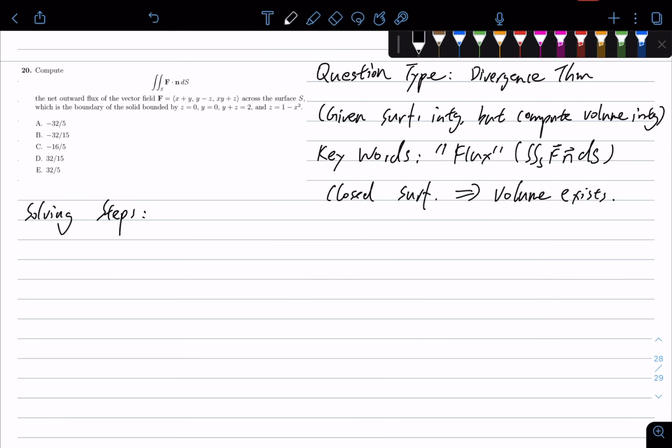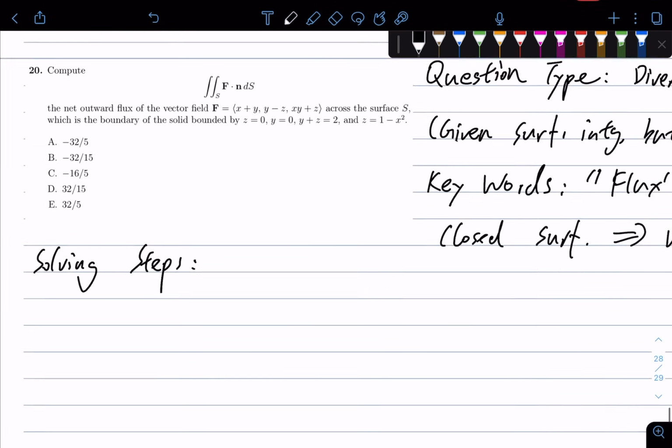Because the divergence theorem is a conversion between a double integral and a triple integral, right? And the double integral is the surface, and the triple integral is the volume. So if we have an open surface, the volume simply does not exist. So there's no triple integral to compute, right? So we must have a closed surface. In this case, it is a closed surface.